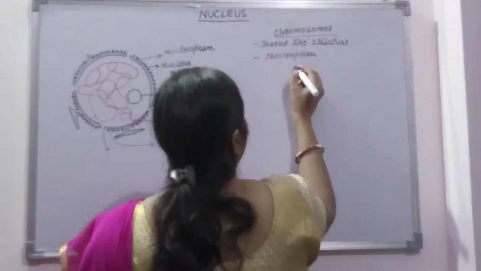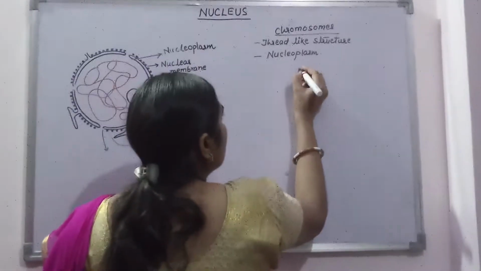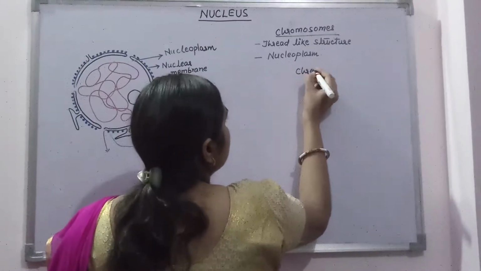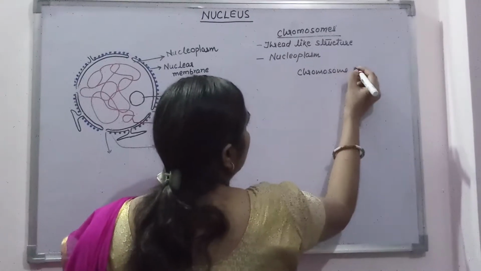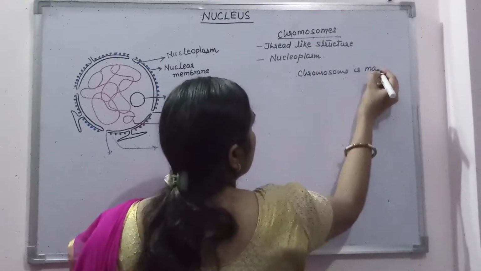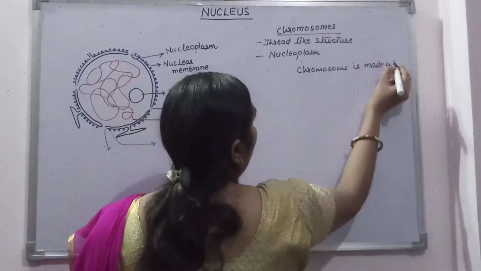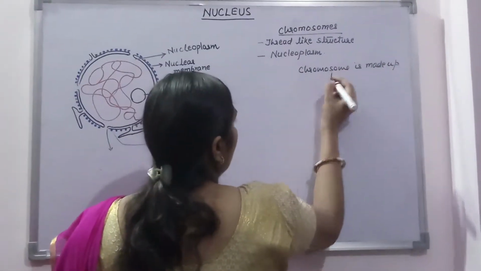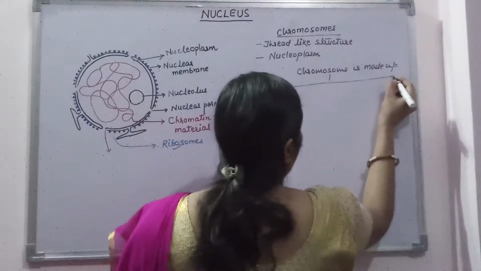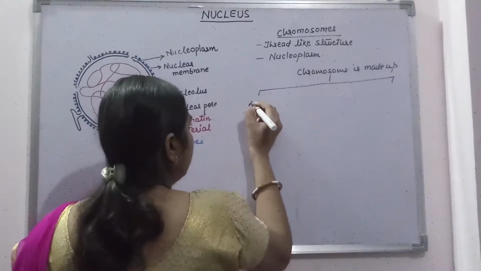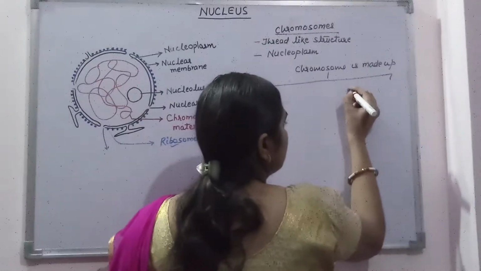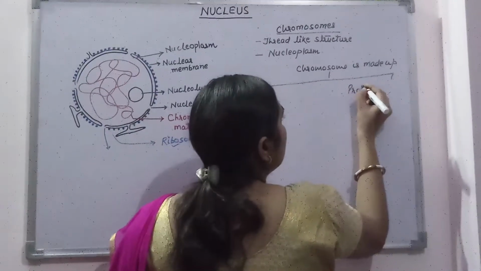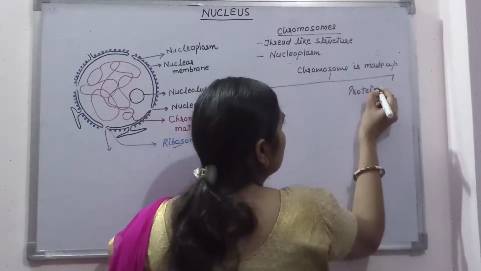Okay, see student, chromosome is made up of two things. One is DNA and another is a type of protein known as histone protein.